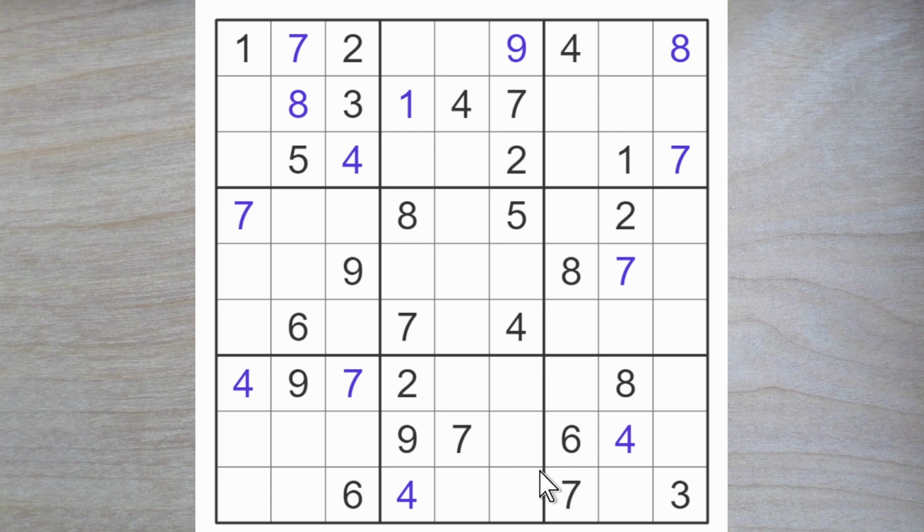We also have an 8 in one of these squares, because this 8 blocks here and this 8 blocks here. And the 3 blocks across here, therefore one of these is a 3 and one of these is a 3.